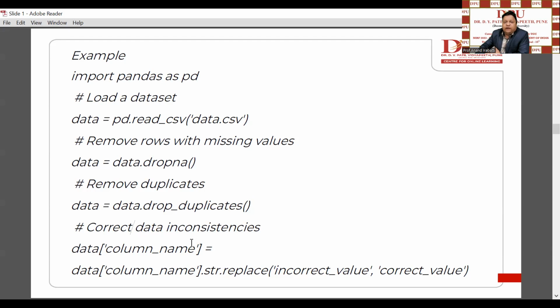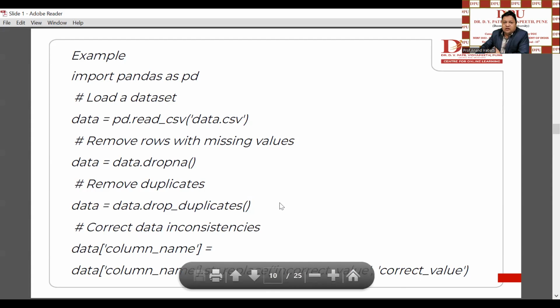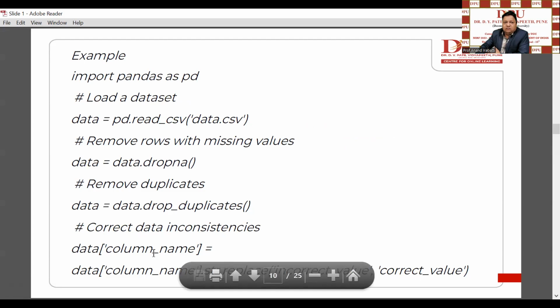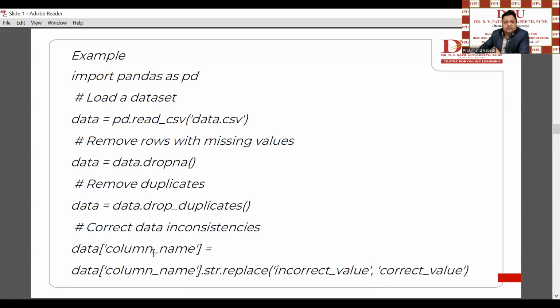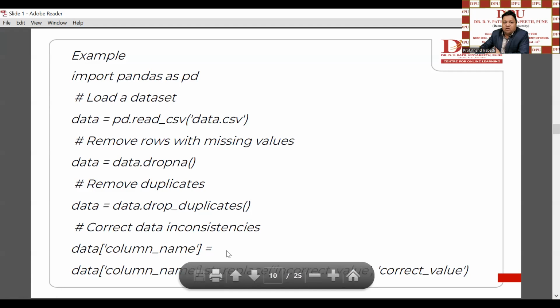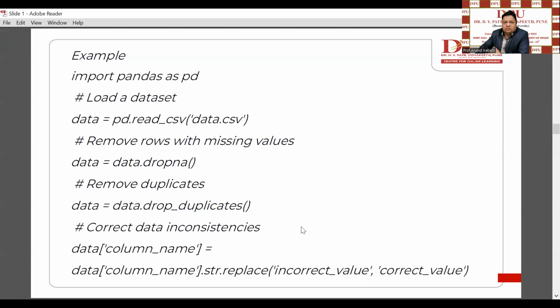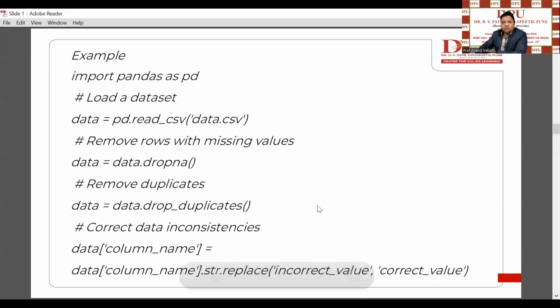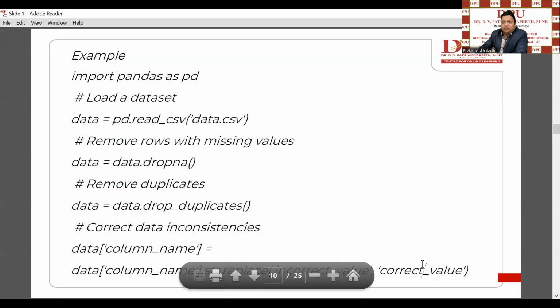Now I need to find out the data inconsistencies. For example, if some typing mistakes are there, then I can fix them by using the replace function, as you can see here: the data column which you want to correct is equal to data column name.str.replace, incorrect value with correct value.